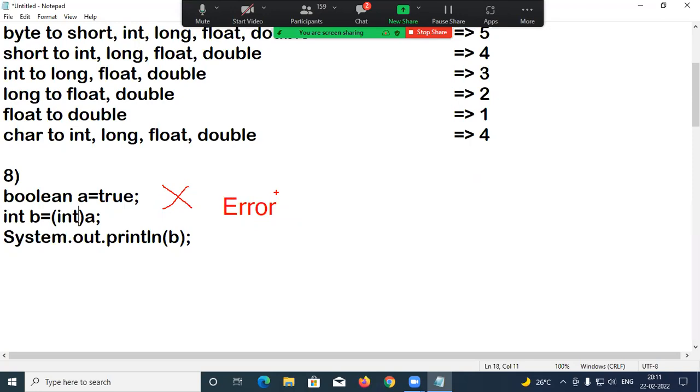Boolean we cannot convert to other types, and other types we cannot convert to boolean type. So if I write explicitly, also error. Okay.